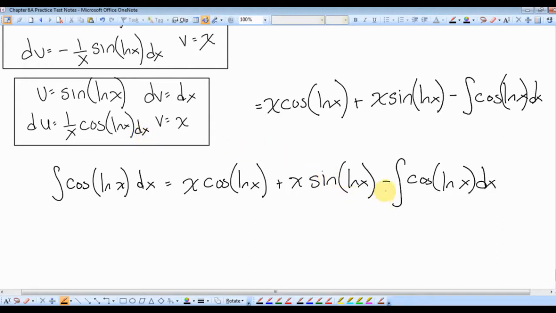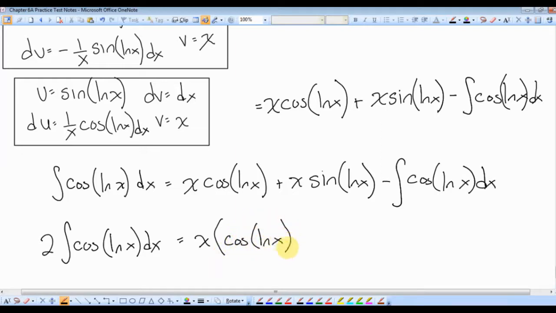We're going to add the integral to both sides. So now you get 2 times the unknown integral is equal to, I'm going to factor out that x. And now I get a constant, right?